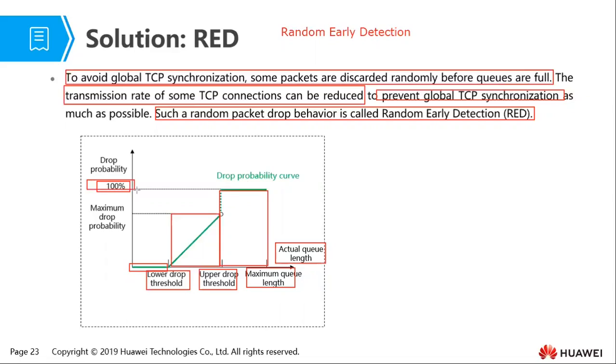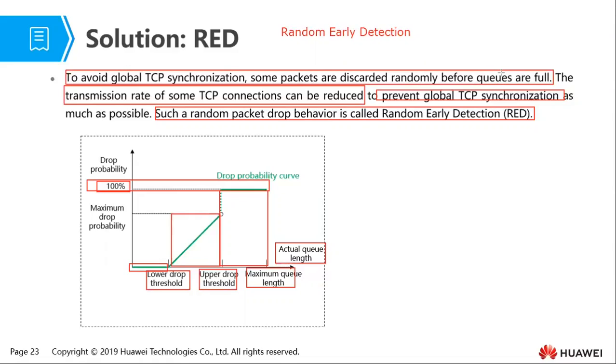I'm sorry, I had said that this was the queue size; it's actually the drop probability. When the queue is not busy, drop probability is 0. When the queue starts filling up, the drop probability also increases exponentially. When it hits the upper drop threshold, we begin dropping at 100%.